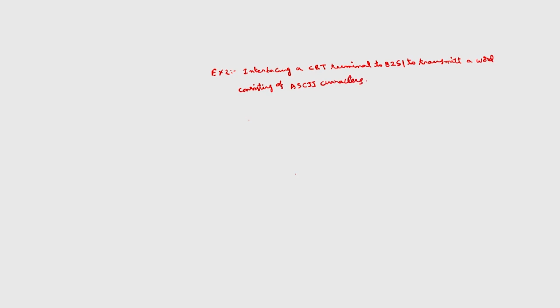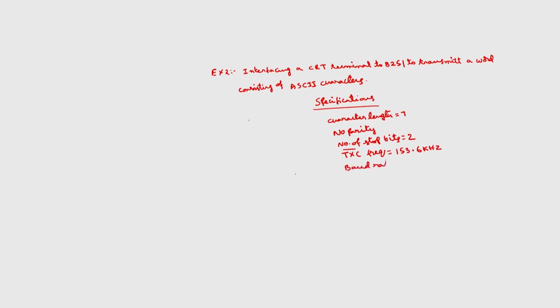I will assume the same specifications as the earlier example. The specifications that we have taken here are: the character length is 7, no parity, 2 stop bits, transmitter clock frequency will be 153.6 kilohertz and baud rate is 9600.